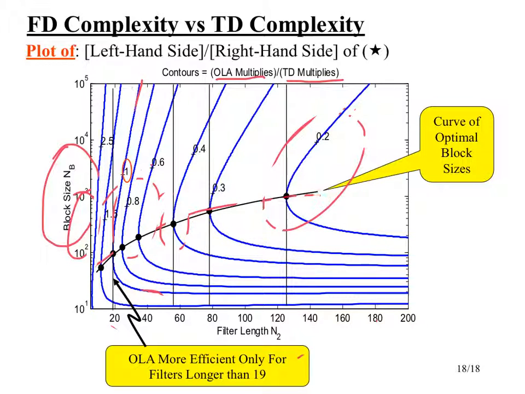This is a really nice analysis that shows how this works, and it is a great tool for you to know about. If you're implementing really long filters, this is a very important method to know about. So we'll stop there, and I'll see you in the next set of notes.